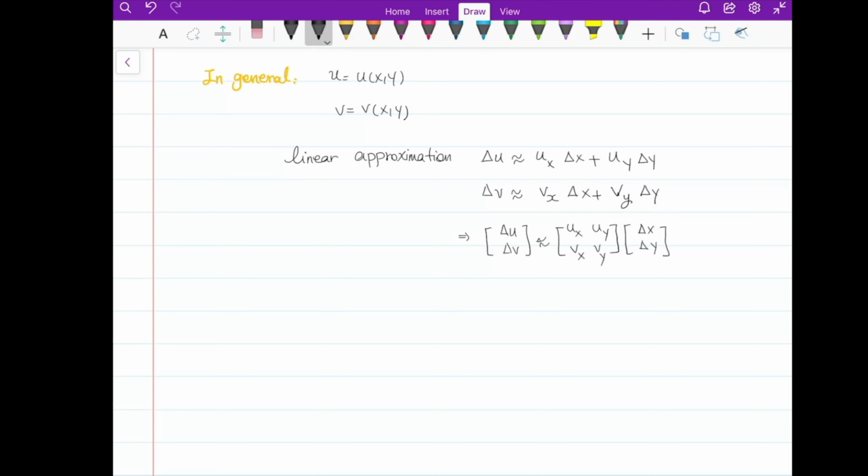Okay, so a small rectangle in the xy plane is going to be approximately a parallelogram in the uv plane.